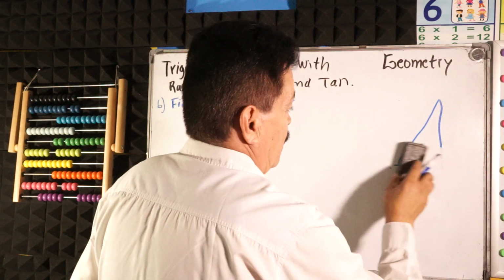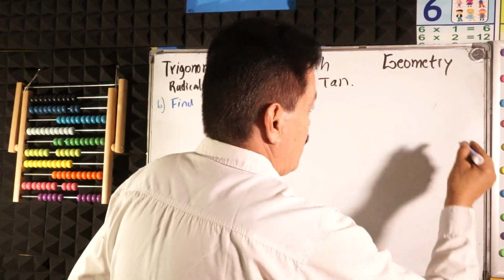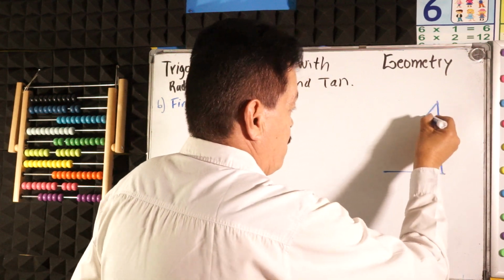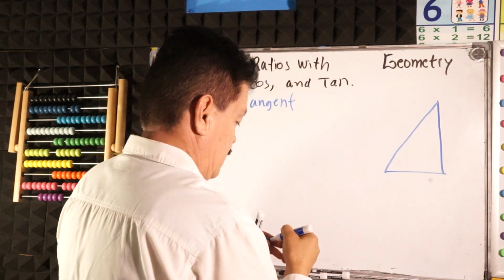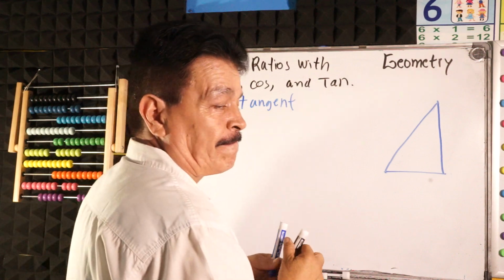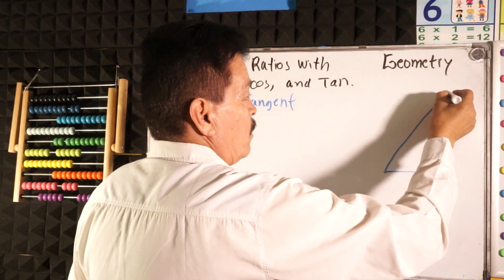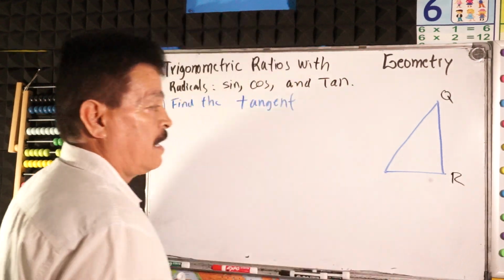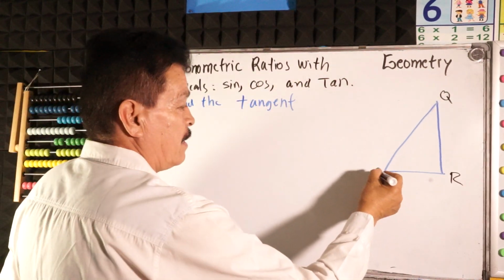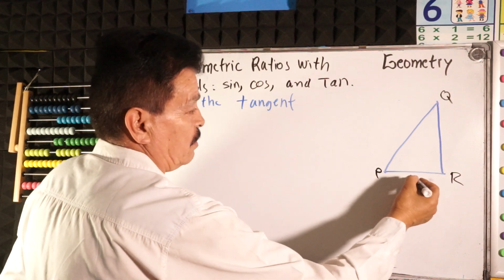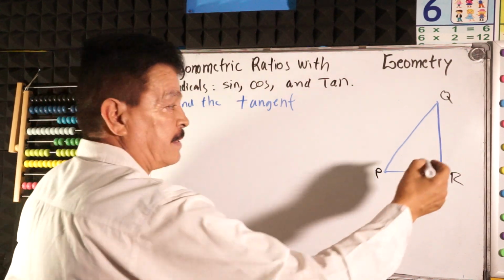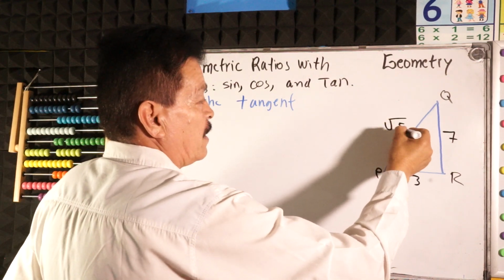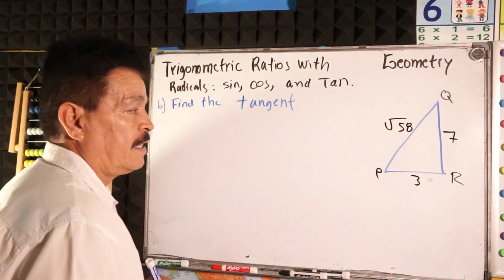So the corners, or the angles, are Q, R, and P. Let's give the values here: 3, 7, and the square root of 58.